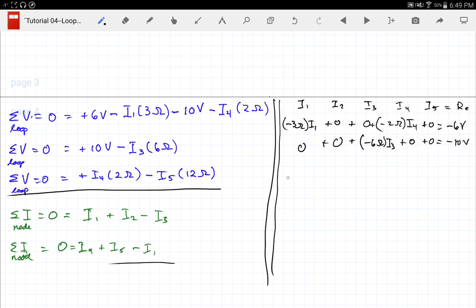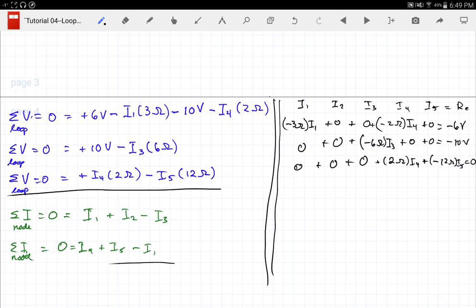Next equation only has 4 and 5, so 0 plus 0 plus 0. 4 is positive, plus 2 ohms, I4, plus minus 12 ohms, I5, and that equals 0.